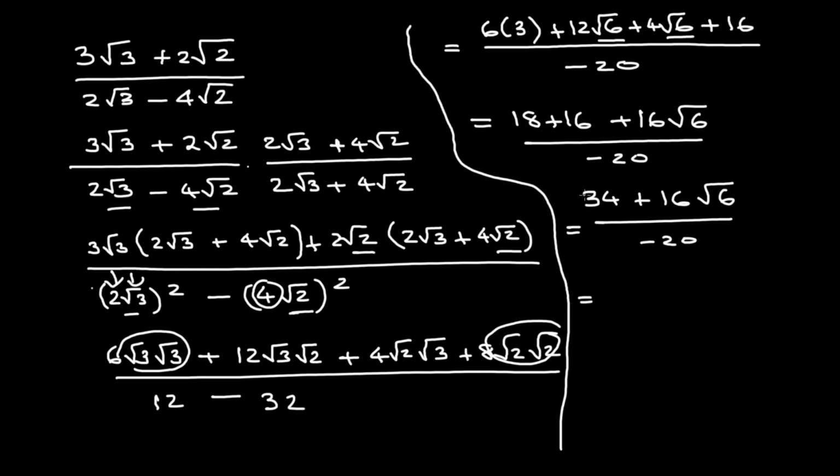I can factorize 2 here. It will give me 17. Here it will give me 8. Here it will give me root 6. And then there it will give me minus 10.